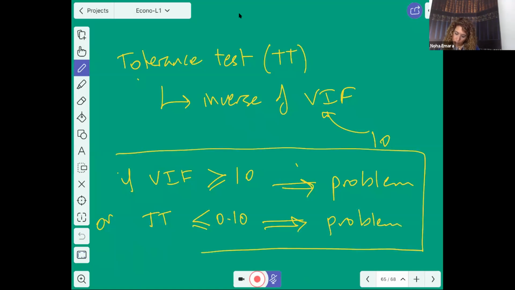So every time we're doing a test using the VIF test as we have it on Stata, my benchmark is 10. If it's 10 or more, then I'm going to say it's problematic. I have to do something. If it is less, then I'm going to say, okay, there is a multicollinearity issue, but it's a mild issue, I can accept it.